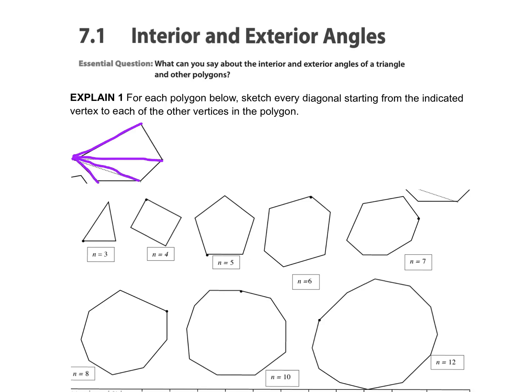Okay, so on this first triangle, it's all done, isn't it? I mean, the sides are all to the vertices. And this one, all we have to do is make this one. Here, I'm going to go from here and to there. Here I go down. And then on this one, I guess it's all right.